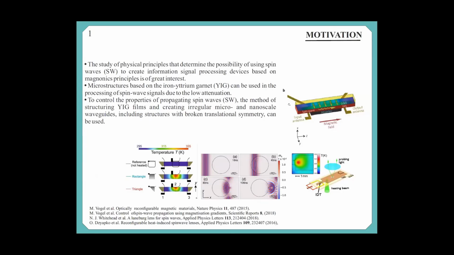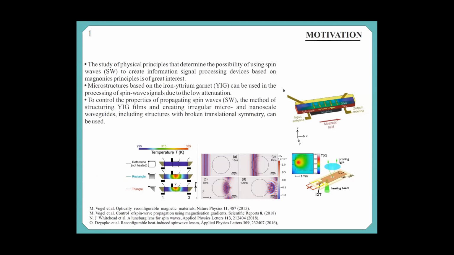The study of the possibility to create new types of information signal processing devices based on magnetic principles creates great interest. Microstructures based on yttrium iron garnet films can be used in spin wave signal processing due to low damping, to control the properties of the propagating spin wave.